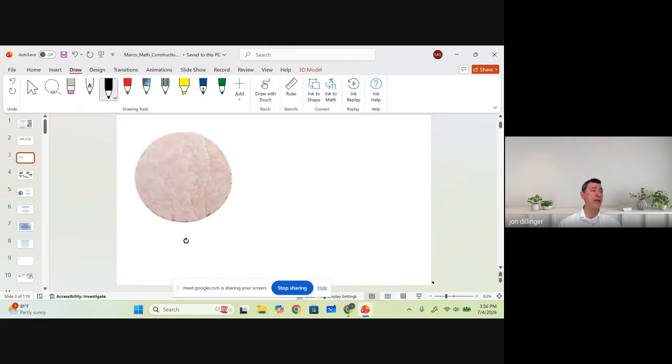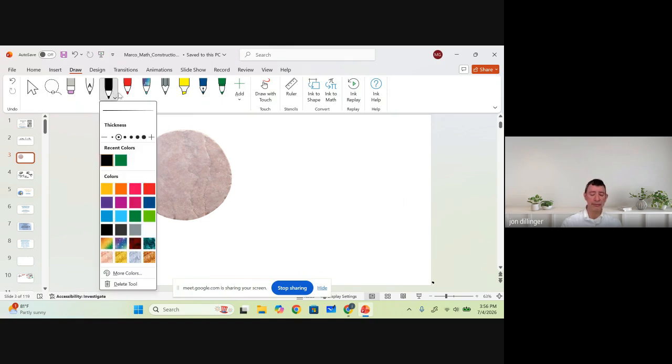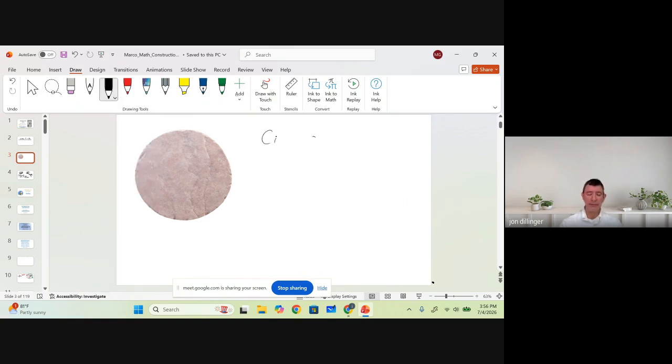Okay, so right now you see a circle. You will need to know this equation. The area of a circle is pi times r squared.